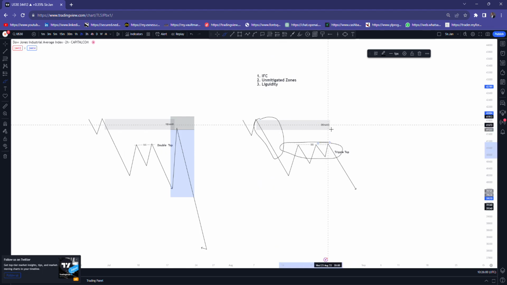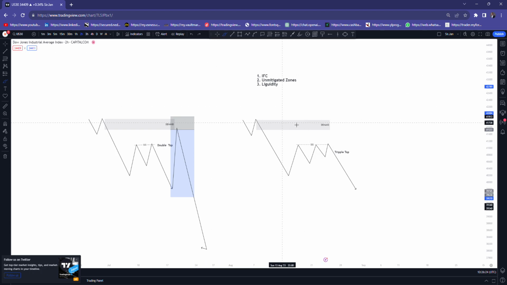Then this zone has never been mitigated. All we're looking forward to: mitigation, sweep of liquidity, then a push to the downside. That's all we're looking forward to. Nothing else. So that's basically that.